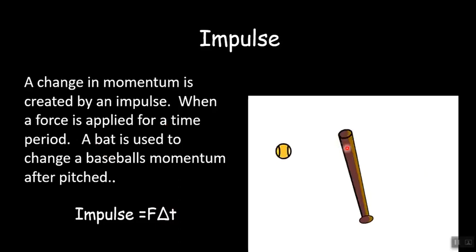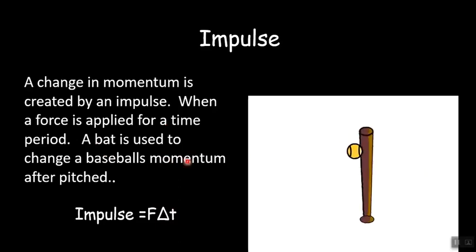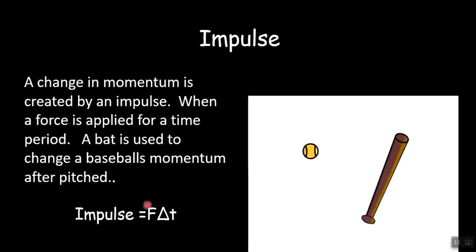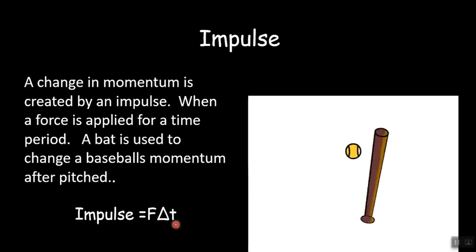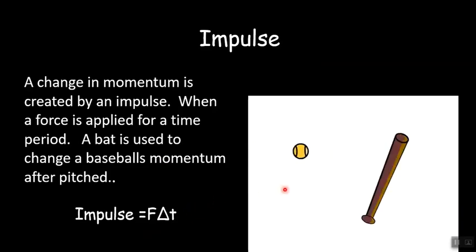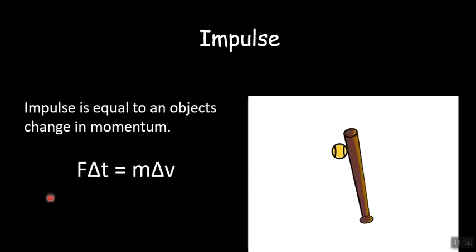The ball coming here has a positive velocity, going away has a negative velocity. So something caused its velocity to be changed, and there's the force, and it acted for a small period of time. So if we move on, impulse is also equal to the change in momentum.